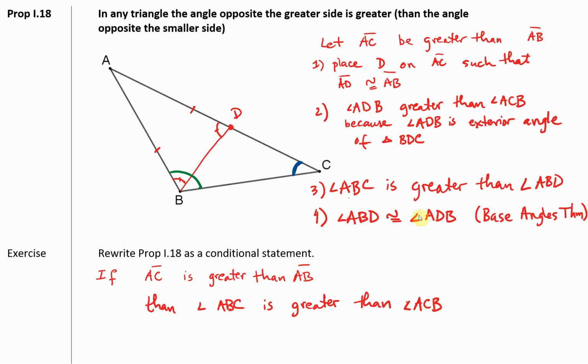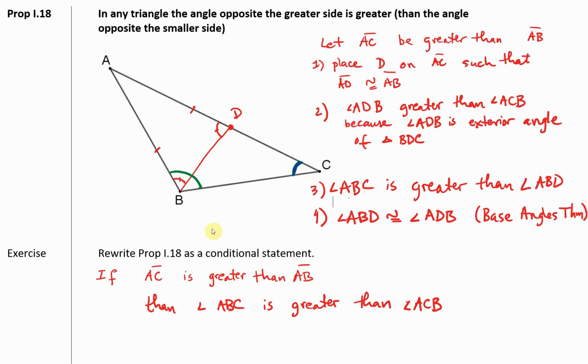And from these last 3 sentences, we have enough to complete our proof, and I'll show it to you. I'll do it visually first before we write it down. The green angle is bigger than the red angle, but this red angle is equal to this red angle, which is greater than the blue angle. Therefore, the green angle must be greater than the blue angle. Okay, so another even shorter way to say it, green is greater than red, red is greater than blue, so green is greater than blue.